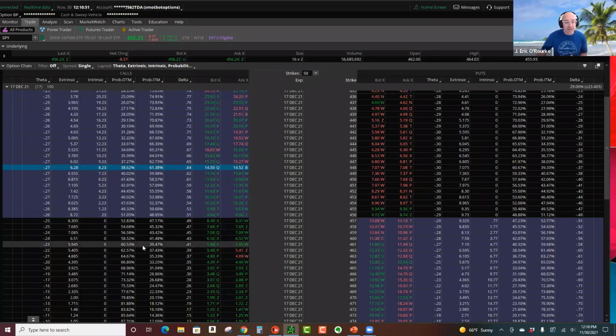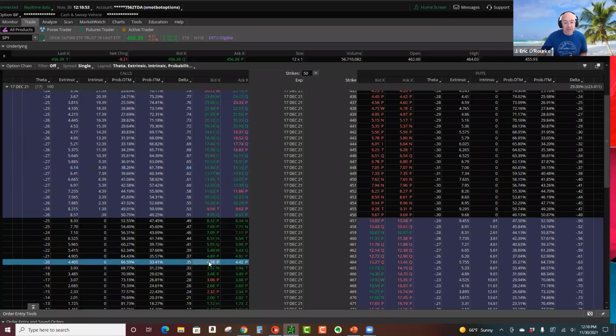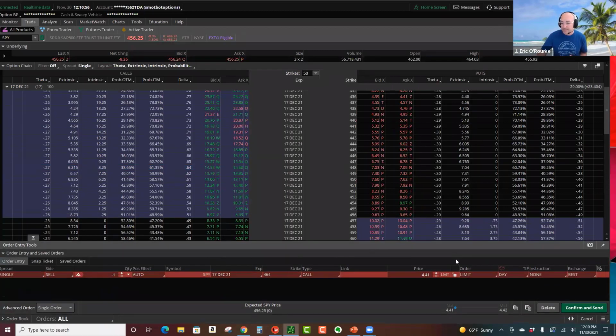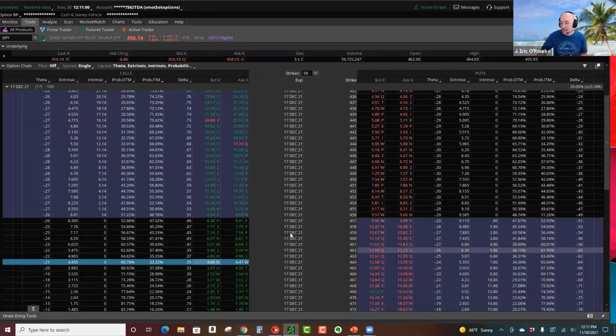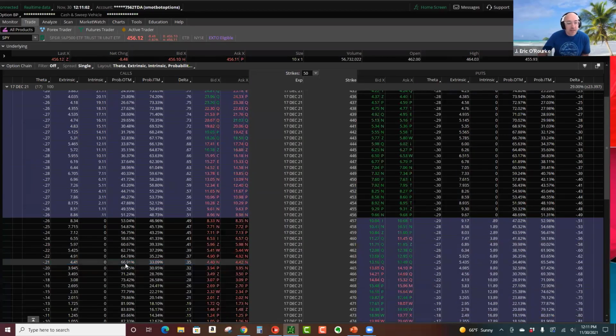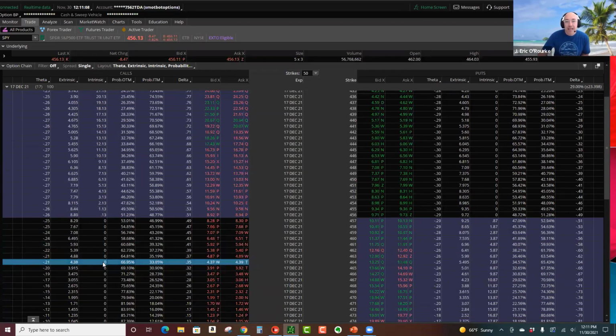So on the other side, if we look at an option down the chain a little bit, if we go to an option down here, there is no intrinsic value. This is considered out of the money. Out of the money options have no intrinsic value. And if the expiration were today, this option would be worth zero.